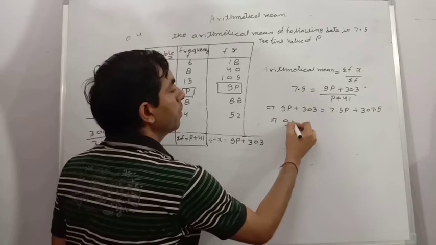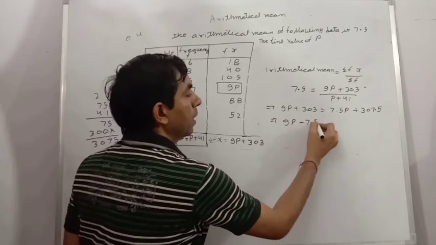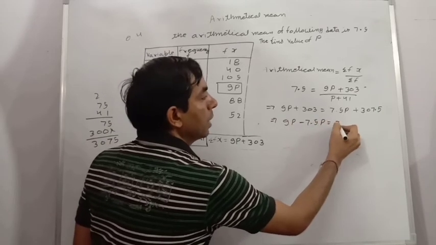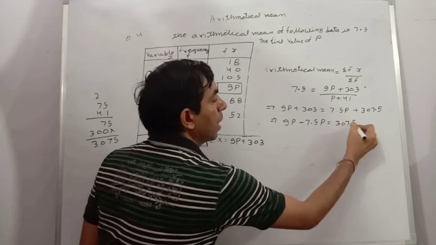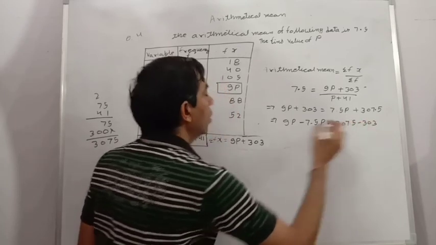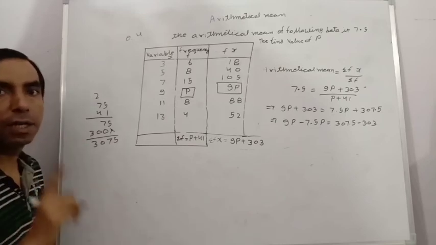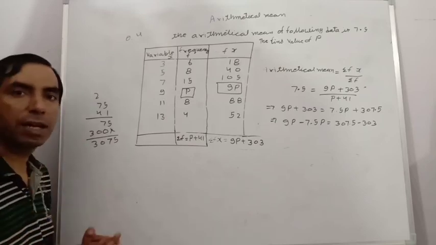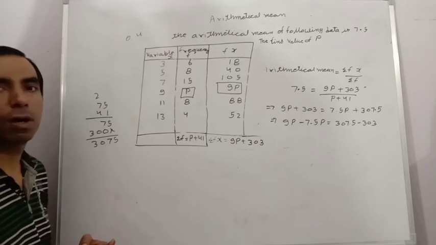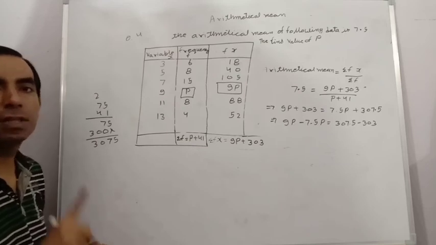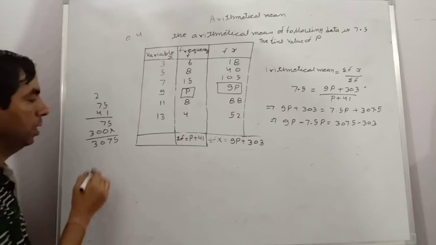Then we get 9p minus 7.5p equals 307.5 minus 303. Always remember that for subtraction and addition of decimal numbers, if the decimal is given in the number, then fine, but if it is not given in the number, then suppose it is at the end of the number.